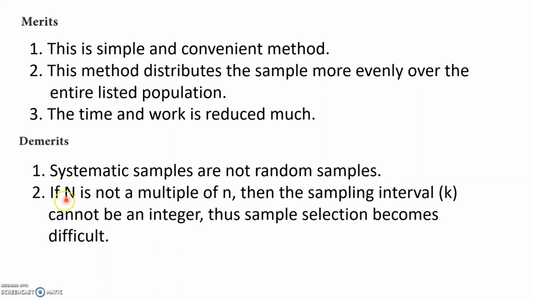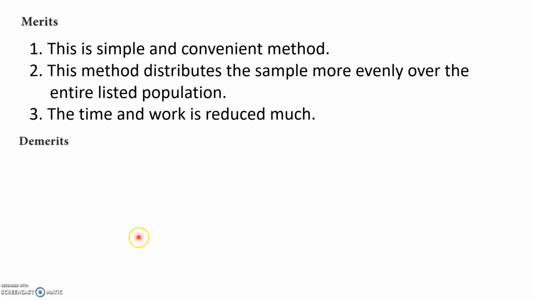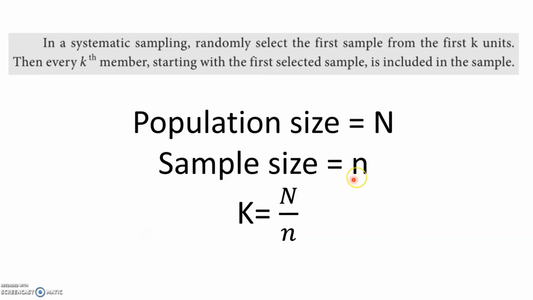Also, if N is not a multiple of small n, then the sampling interval k cannot be an integer. Thus, sample selection becomes difficult. If you're trying to apply the method, let me go back here. We have every kth number to be your sample.